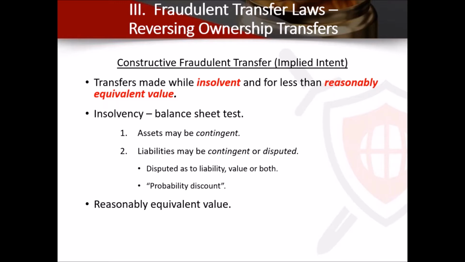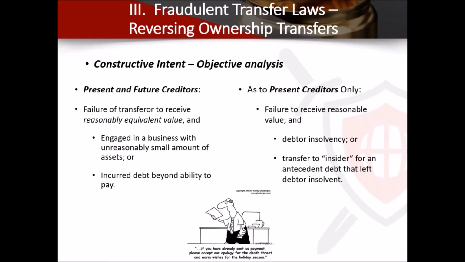Often that's a lot easier to prove, because typically when somebody moves it out, they're not going to take back something that's exposed. They're going to put it into a trust, or give it to their cousin, or whatever. And if they didn't get anything back, that's enough to prove that fact. Other collateral, etc.